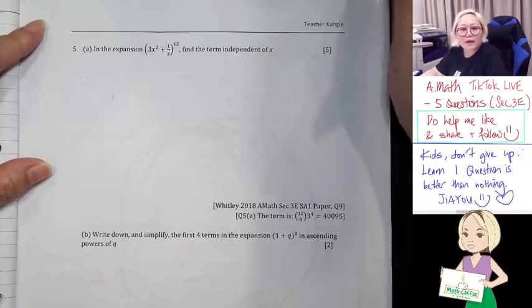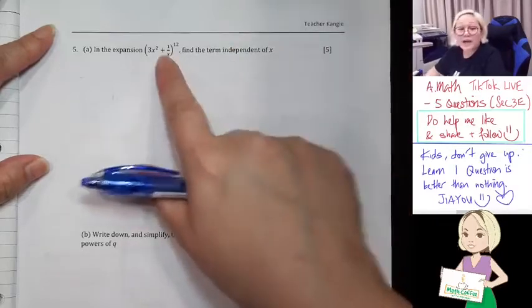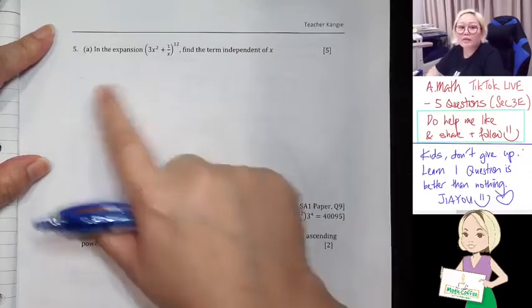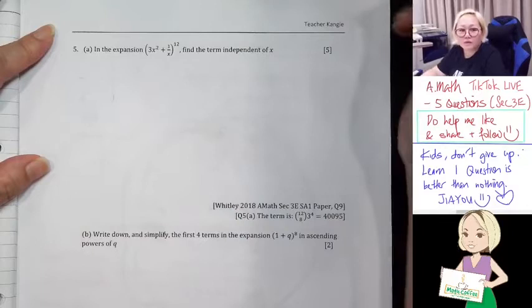Okay, binomial theorem. In this expansion, they ask you to find the term independent of x. Please don't go and expand until you find where the term independent of x is, or by the time you find it, the exam is over already.